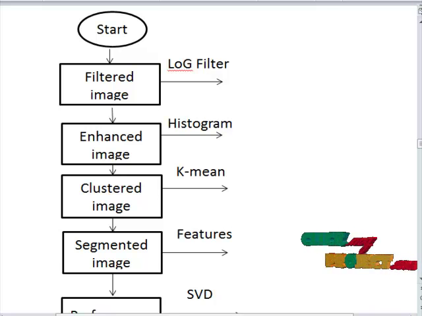Then in the segmented image, segmentation is typically used to locate objects and boundaries in images. The clustered image is then segmented based on the spectral and texture features. The image shows segmented boundaries with RGB color.